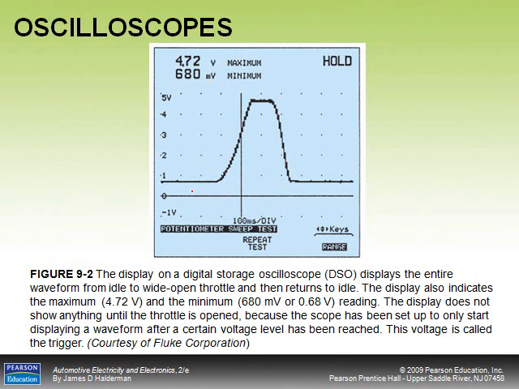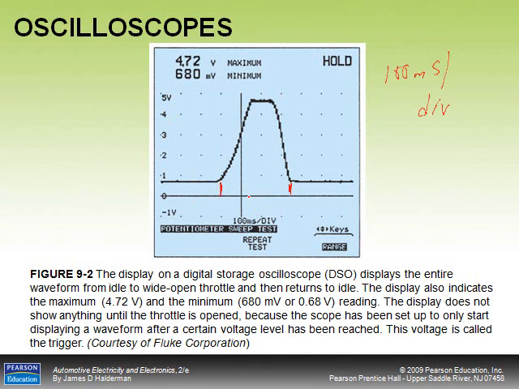What's the advantage of having this scope? Couldn't I see that with a meter? Yes and no. You would to some extent. Let's demonstrate what I mean here. How much time has elapsed from the time that you opened the throttle to the time that you closed it again? Now we're talking about 100 milliseconds per division.